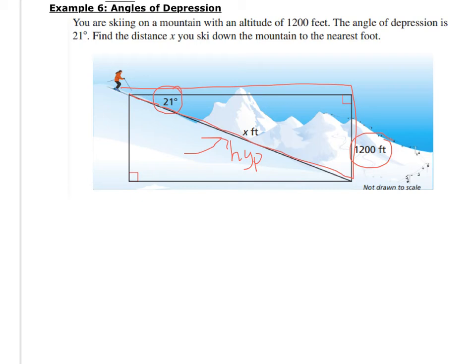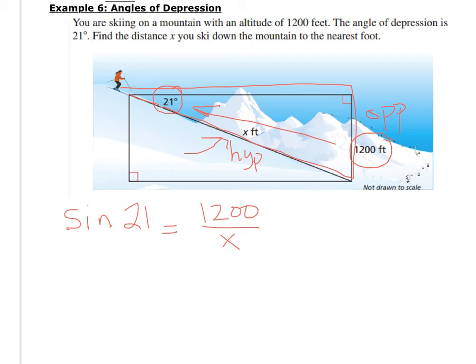What leg is it to this angle? Well, isn't that the opposite leg? So what trig ratio uses opposite and hypotenuse? Well, it's SOH, right? So it's the sine. So I'm going to go sine of the angle measure equals the opposite leg, which is 1,200, over the hypotenuse, which is our missing part.